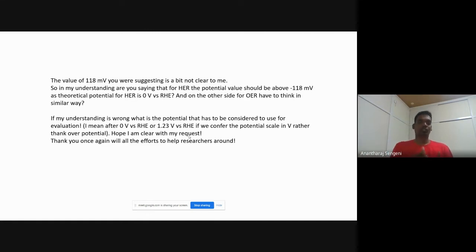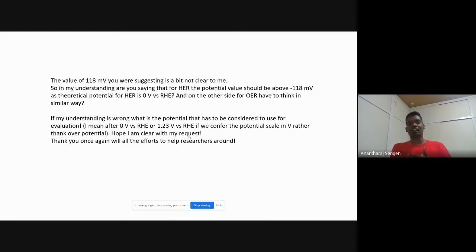This is the region where we still observe the Butler-Volmer characteristics. If you move beyond this 118 millivolt, the current contribution from the opposite reaction matters. If you take HER, the opposite reaction is HOR, the hydrogen oxidation reaction. If you take OER, the opposite reaction is ORR, right?